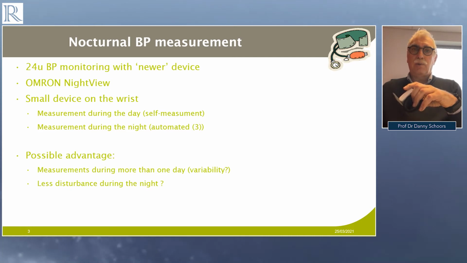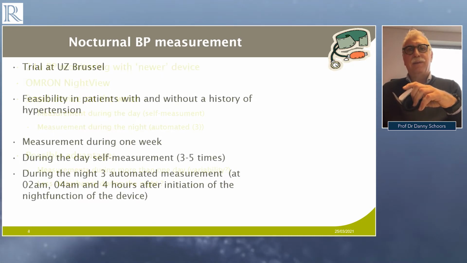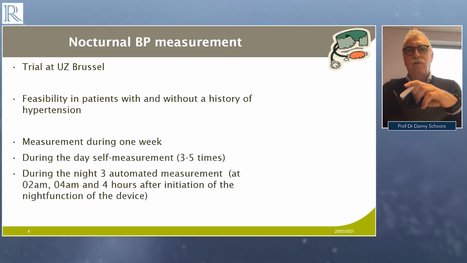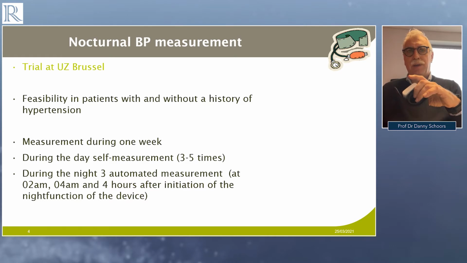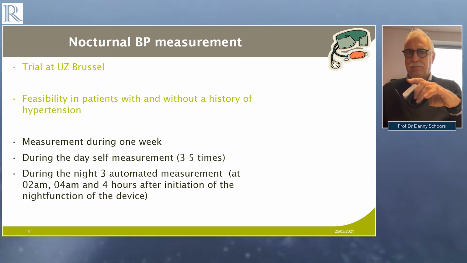Now, this is what the company says, so we tested it. I did a trial at my hospital, looking at the feasibility of this device in several patients, using patients with and without a history of hypertension.